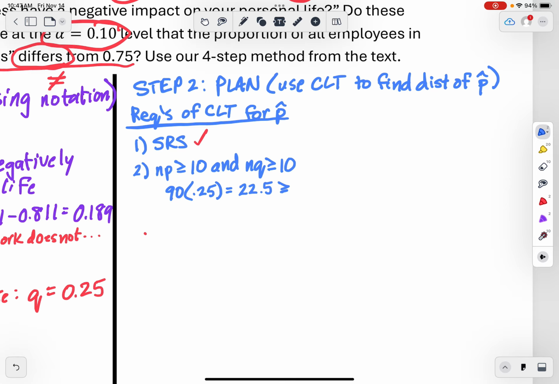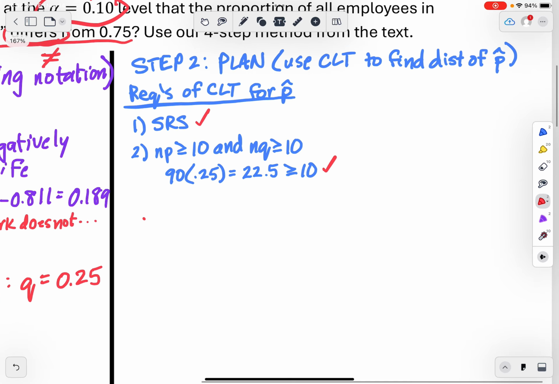Make sure you're doing this with me and you get these calculations for yourself as well. Don't just trust me, because I make mistakes too. But I think that one's correct, and so we can move on. Since n times q, our number of failures, is greater than 10, and so is our number of successes.